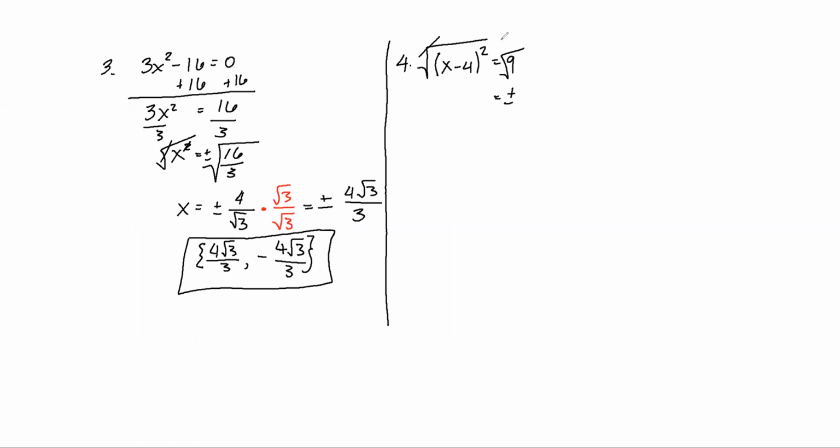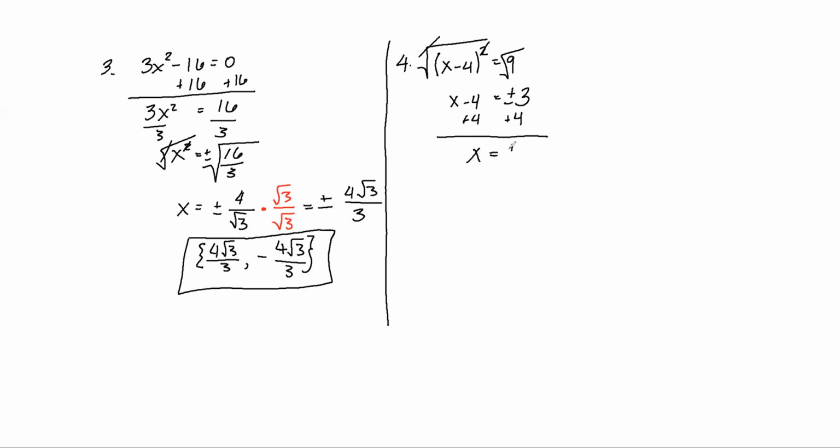Now, when these cancel out, you're left with the group of terms on the inside. So you're left with an x minus 4. And then the square root of 9 is 3, so plus or minus 3. Now, you want to make sure that you solve for x at the end. So if we go ahead and add this 4 to both sides, a couple ways you can do this.